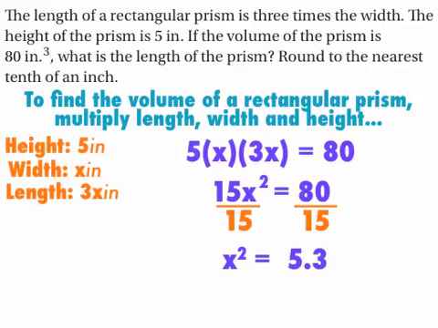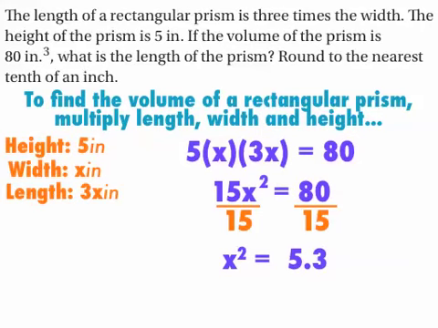In this case, because I am talking about the length of a side of a rectangular prism, a negative answer is not going to make sense because you can't have a negative length or a negative distance. So in this case, yes, technically the square root of 5.3 would have 2 different answers, a positive and a negative answer. However, in this case, and most of the time when you are given a word problem, you have to think about the situation.